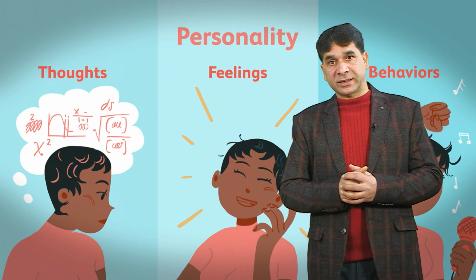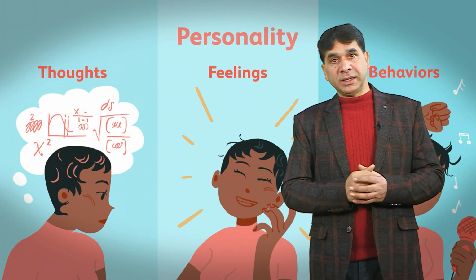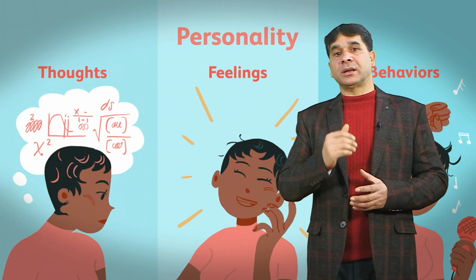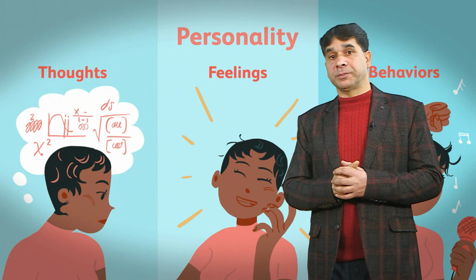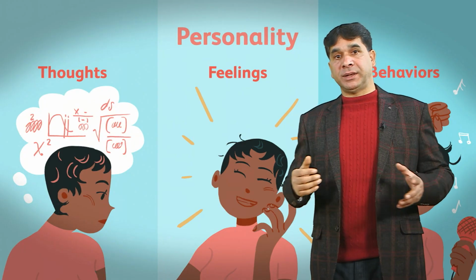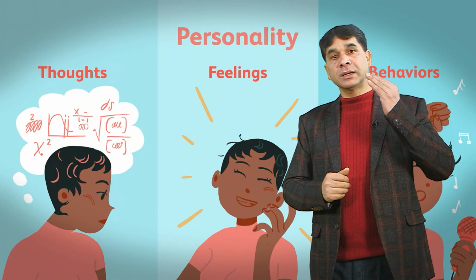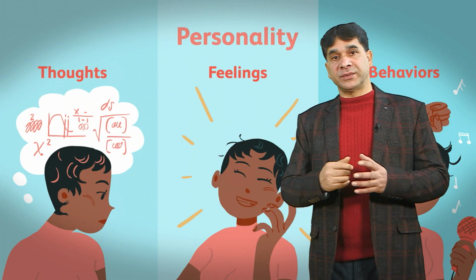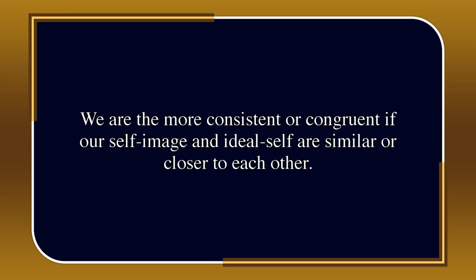As a matter of fact, the self may be in opposition or in harmony with the organism. According to Rogers, our feelings and experiences and behaviors must be consistent with our self-image. We are more consistent or congruent if our self-image and ideal self are similar or closer to each other.